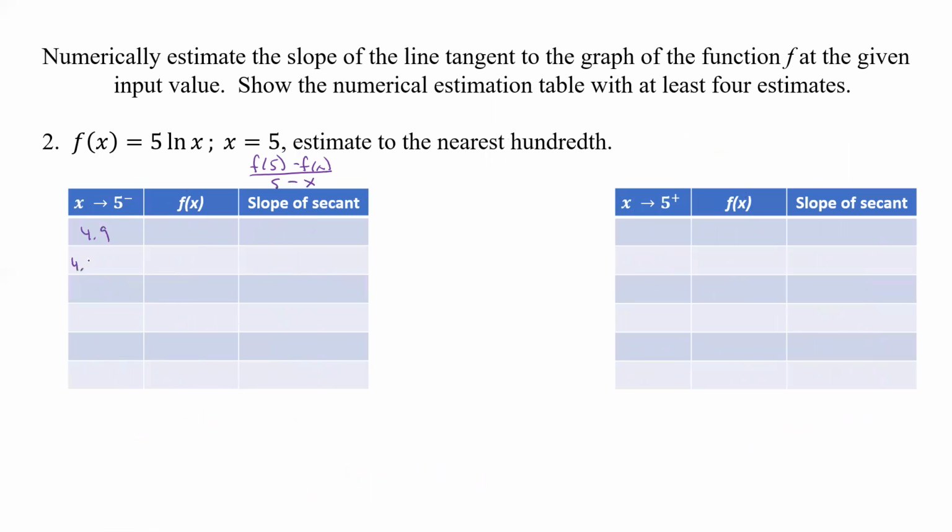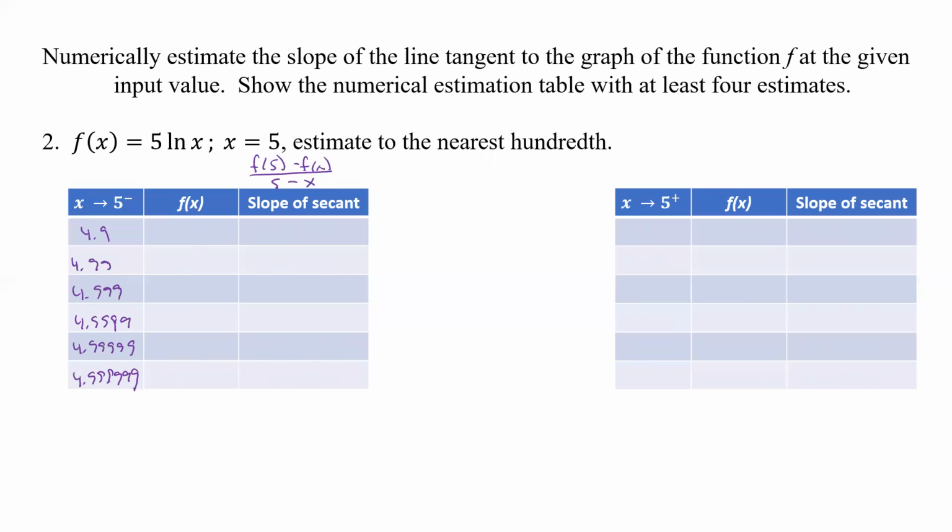Then we have 4.99, 4.999, 4.9999, 4.99999, 4.999999.